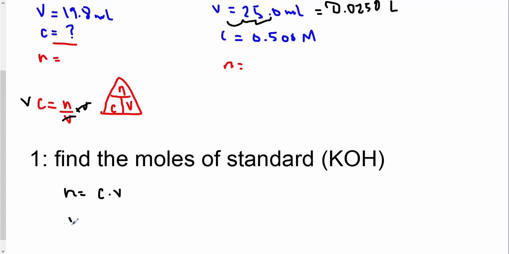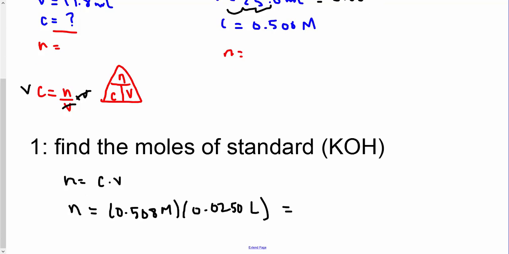So the moles of KOH are going to be equal to the concentration, which is 0.500 moles per liter, multiplied by 0.0250 liters, and that is going to come out to be... sorry, I just realized I have an error here in my concentration.